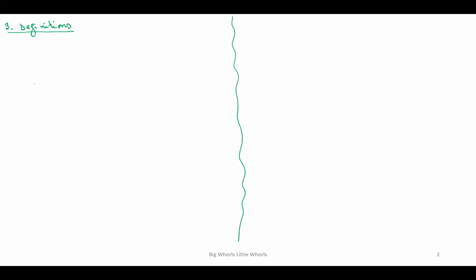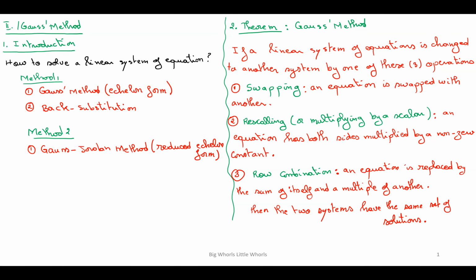The first one: we have seen the 3 operations we have just discussed in Gauss's method. They are known as elementary reduction operations or row operations or even Gaussian operations. These 3: the swapping, rescaling, and row combinations.